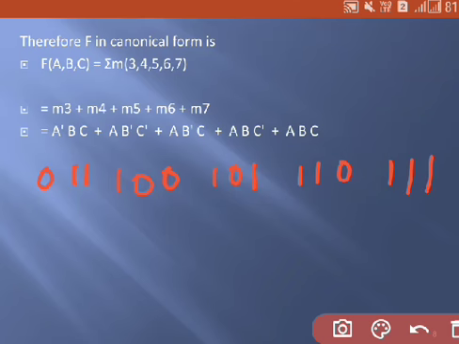Okay, so this is writing the given function in the standard canonical form, that is sum of product form.